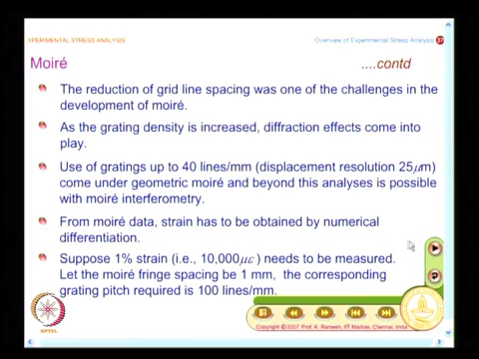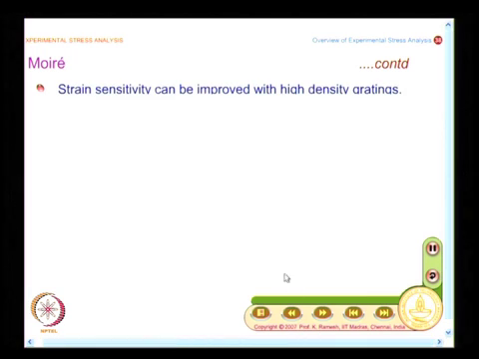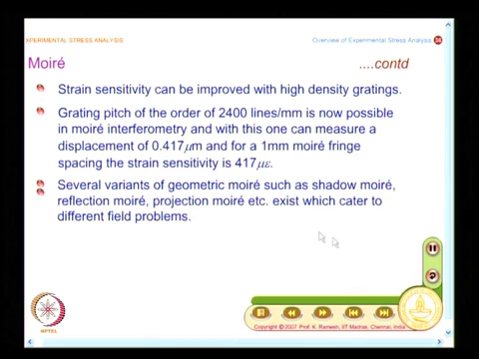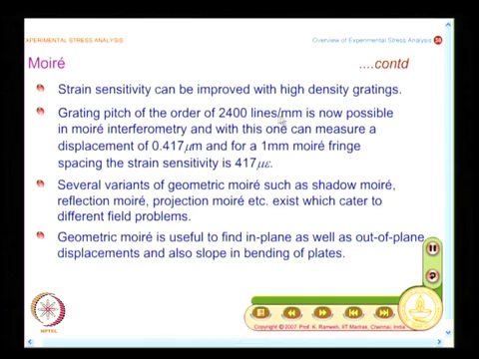And we have also looked at what level of grating pitch they could reduce to. People have gone up to 2400 lines per millimeter, and if you have 2400 lines per millimeter, the displacement accuracy is of the order of 0.417 micrometer, and suppose you are able to see a Moiré fringe at a spacing of 1 millimeter, which is a reasonable assumption, the strain sensitivity is only 417 micro strain.